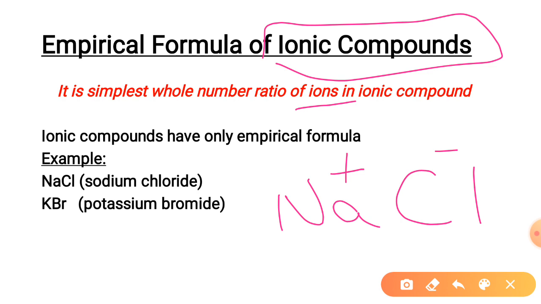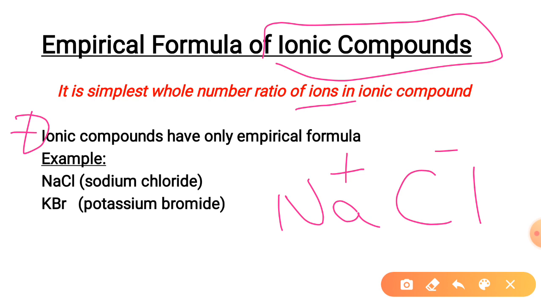We already know about it. So it is the simplest whole number ratio of ions in an ionic compound. Yes, formula unit only exists for ionic compounds. Ionic compounds have only empirical formula. This is a very important point: ionic compounds only have empirical formula. There is no molecular formula, just the empirical formula.